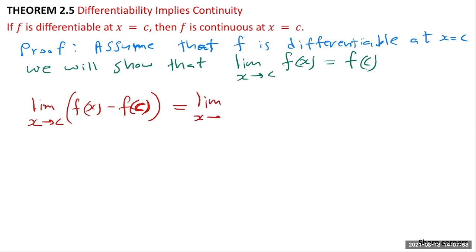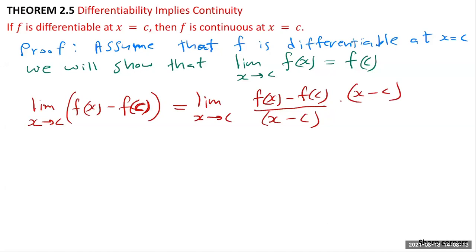The limit as x approaches c of f of x minus f of c. Tell me whether you agree with me. Divided by x minus c, times, I'm going to put an x minus c here. This will be cancelled, then you get back what you had, right? So this is a construction which is valid. I multiply both top and bottom by x minus c.